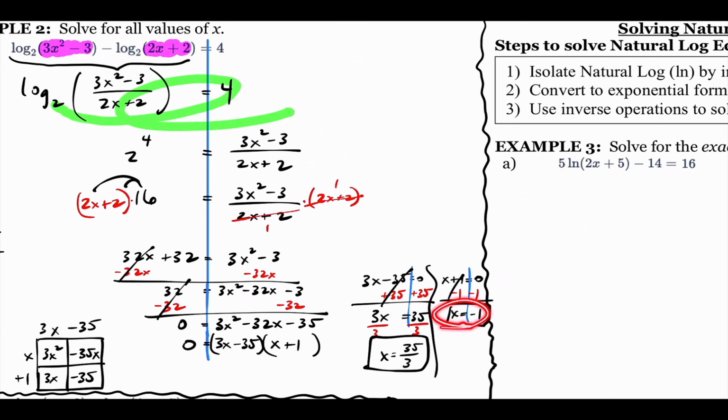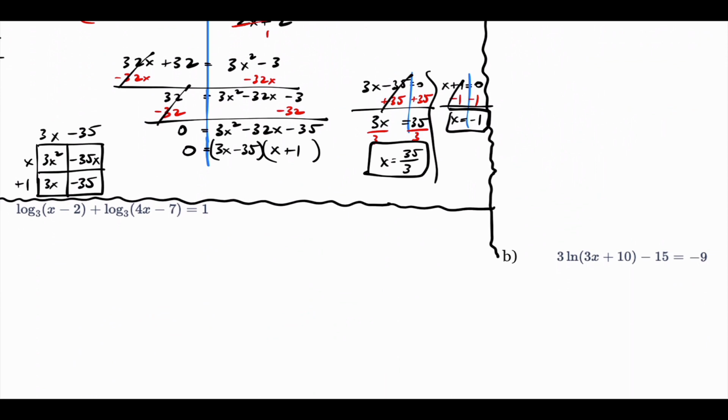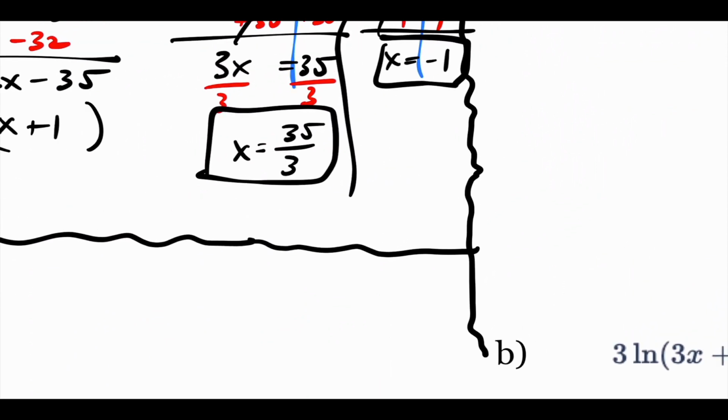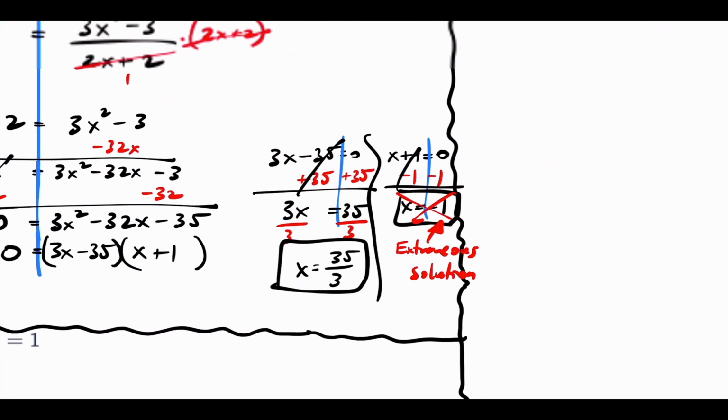This guy will make this into 0. That means it's extraneous. That means this guy here is extraneous. That means I'm not going to include it in my final answer.